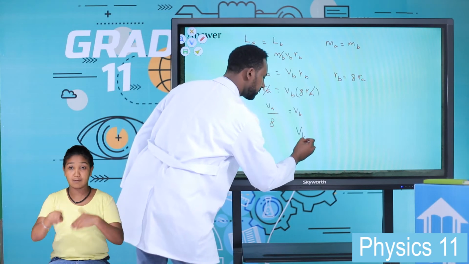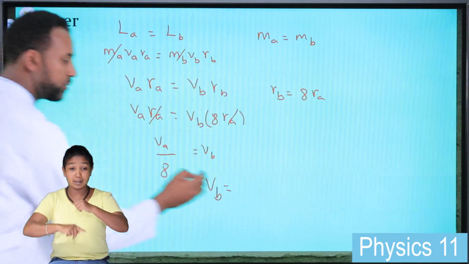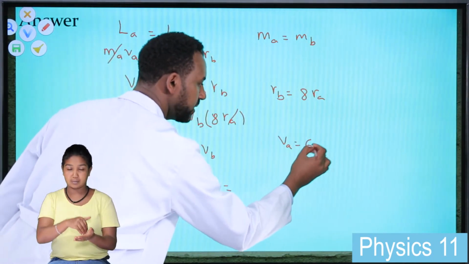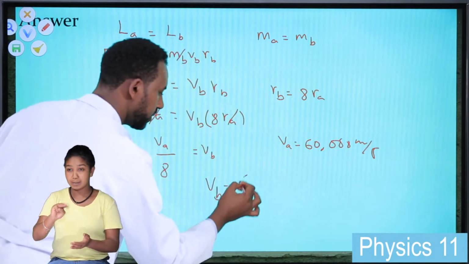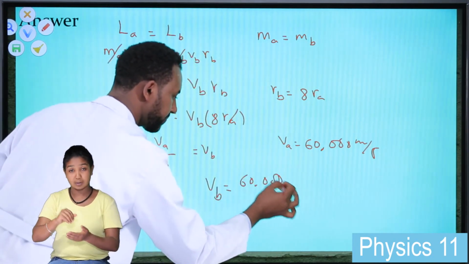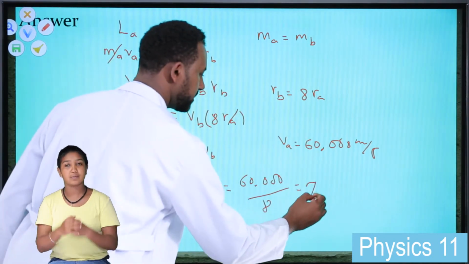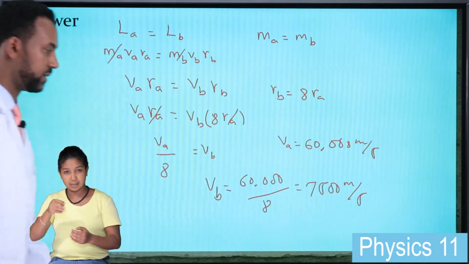Therefore, the velocity of the planet at location B is equal to the velocity at point A, which is already given as 60,000 meters per second. So 60,000 over 8. When you divide this, we have 7,500 meters per second.